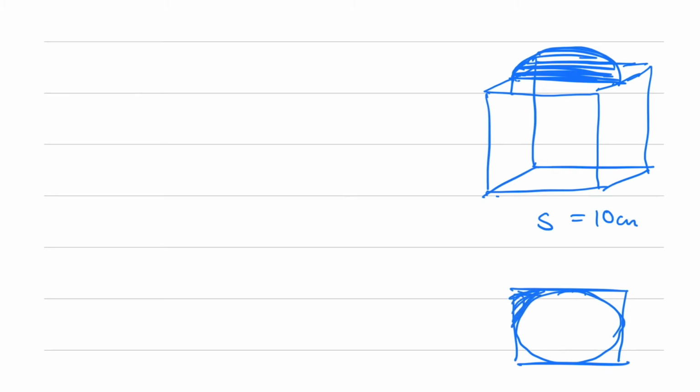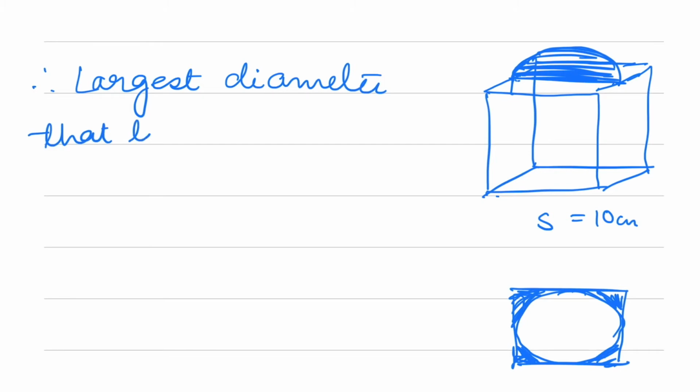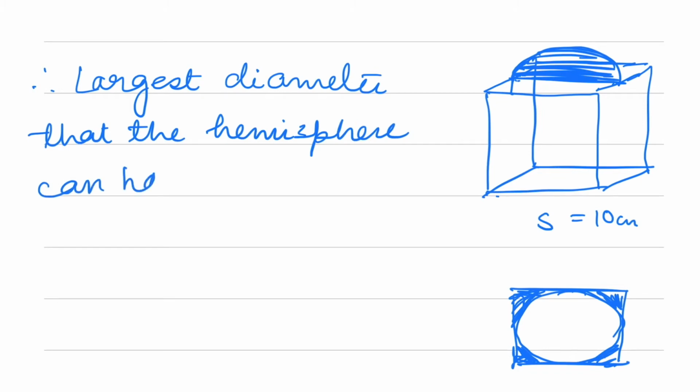This will be shown on that part of the top of the block. What would be the largest diameter? Therefore the largest diameter that the hemisphere can have is equal to 10 centimeter. It can't have greater than that, otherwise it will be coming out.